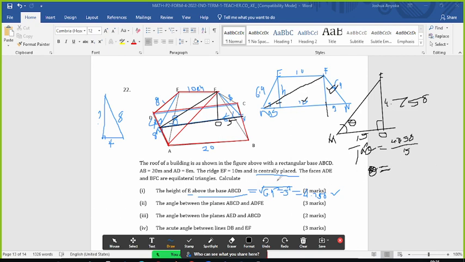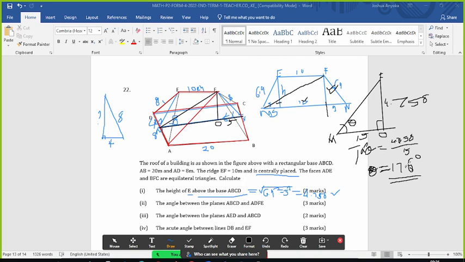Guys, you don't have calculators? Confirm whether we have 17.5, 17.6, 17.599.